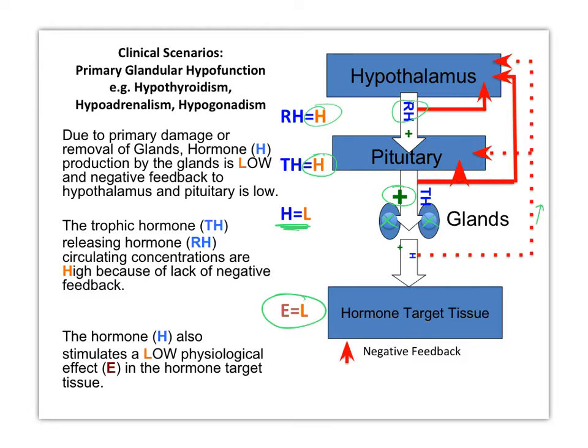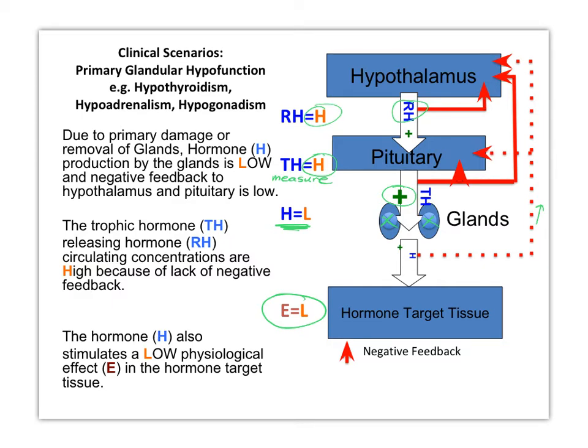Now, usually we can clinically measure, if anything, the trophic hormone, but not the releasing hormone, because if you might recall, the releasing hormone is produced in the hypothalamic-pituitary portal system that isn't accessible via a venipuncture, for example. So very special studies have had to be done to understand that system.